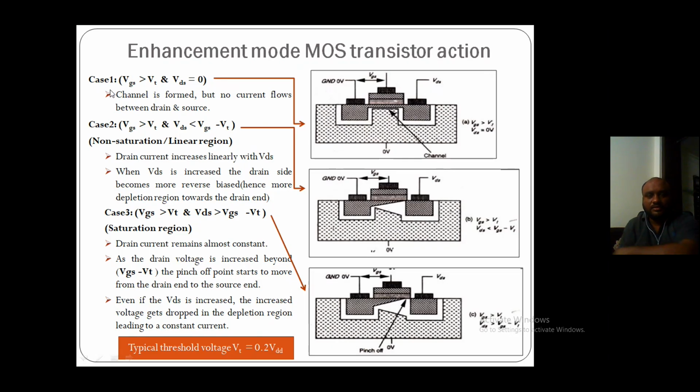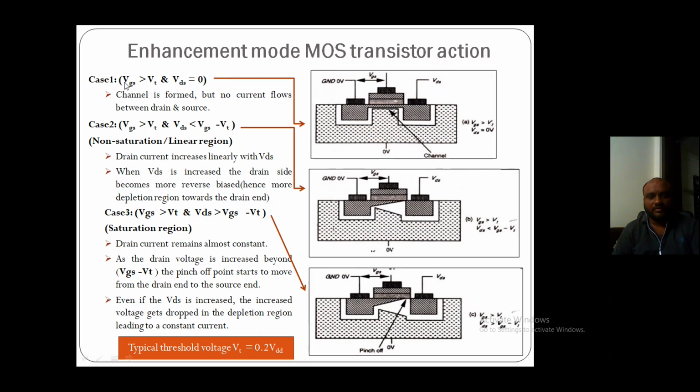As we have discussed in the previous slide, for an enhancement mode transistor, the channel will not be implanted during the manufacturing process, but it will be formed after application of a certain gate voltage. So to understand this MOS transistor action, we are dividing the working into three cases.